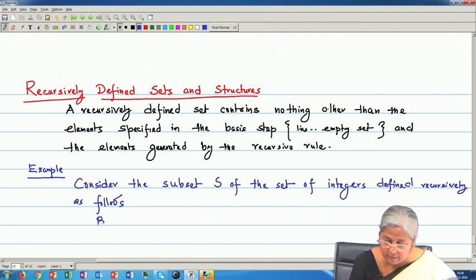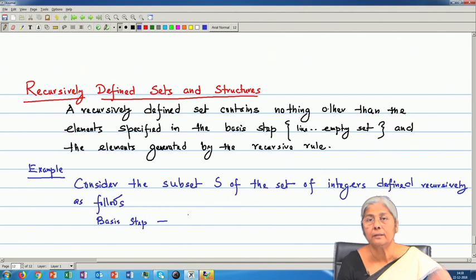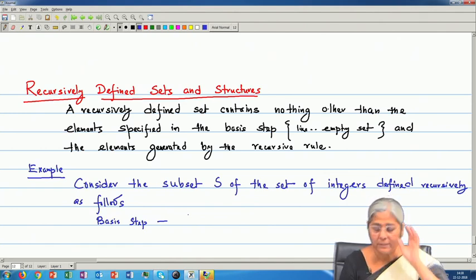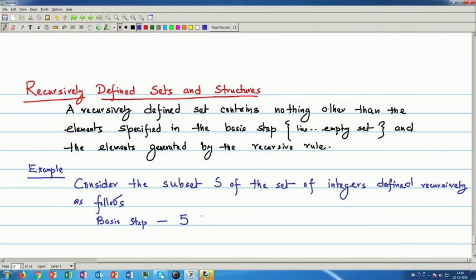Since we know it must have two steps, the basis step is, say, instead of the empty set I take one element, 5, and this 5 belongs to S. And what is my recursive step?